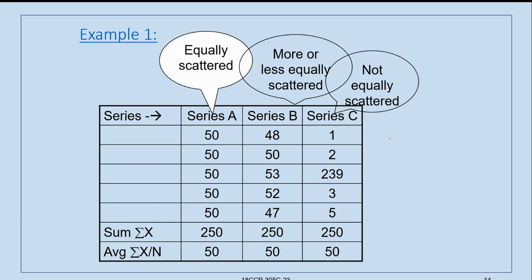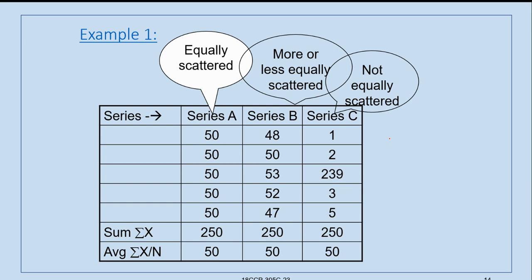So there is a lot of variation. Still the sum is 250, and the mean is 50. But median is 239 and mode is also 239. So like this, you can understand the series.